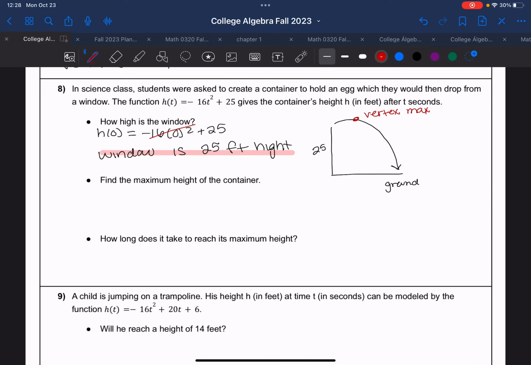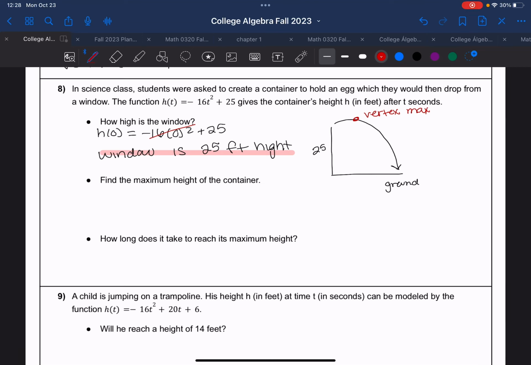So in order to do that, we're going to use the vertex formula, which remember is negative b over 2a, and then we plug in whatever number we get back into the function. So I have x is equal to negative b. So if we look back at our original problem, so let me rewrite this over here.